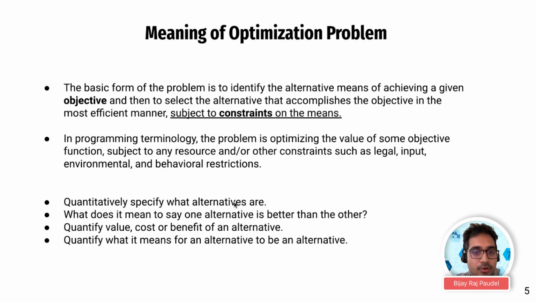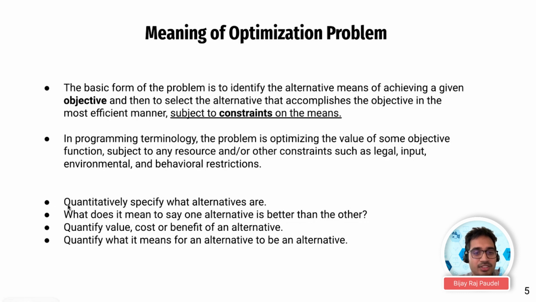So when we talk about optimization and an optimization problem, there should always be a quantitative measurement that specifies what the alternatives are. There should always be a number or equation that we can quantify, or a function. If you remember the last session, everything in this world is represented by a function.